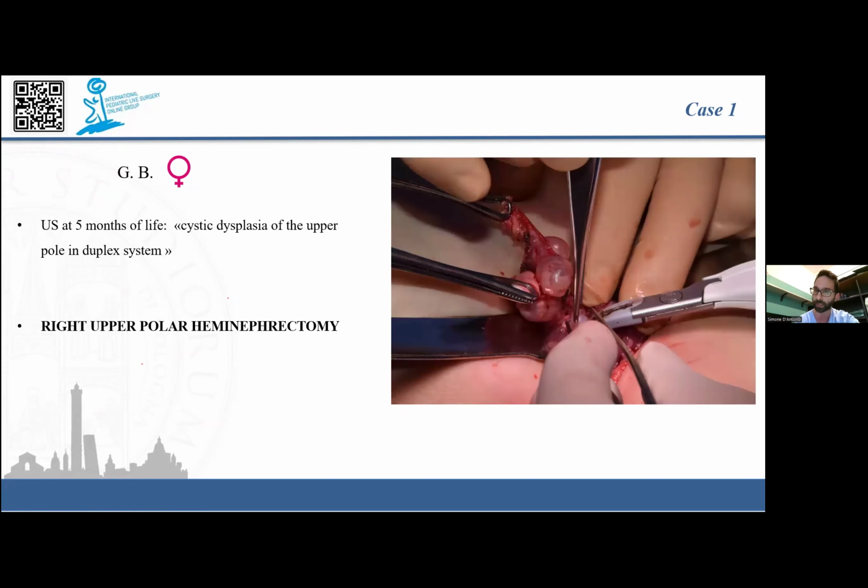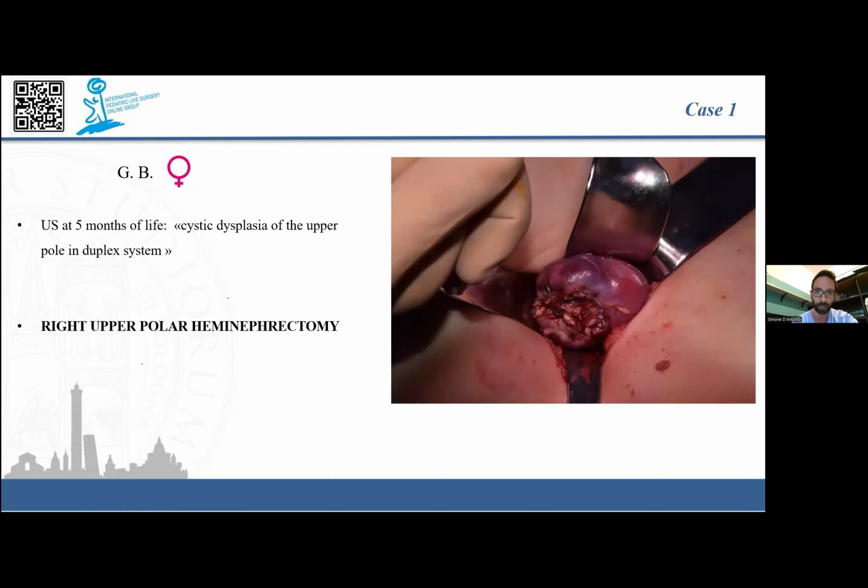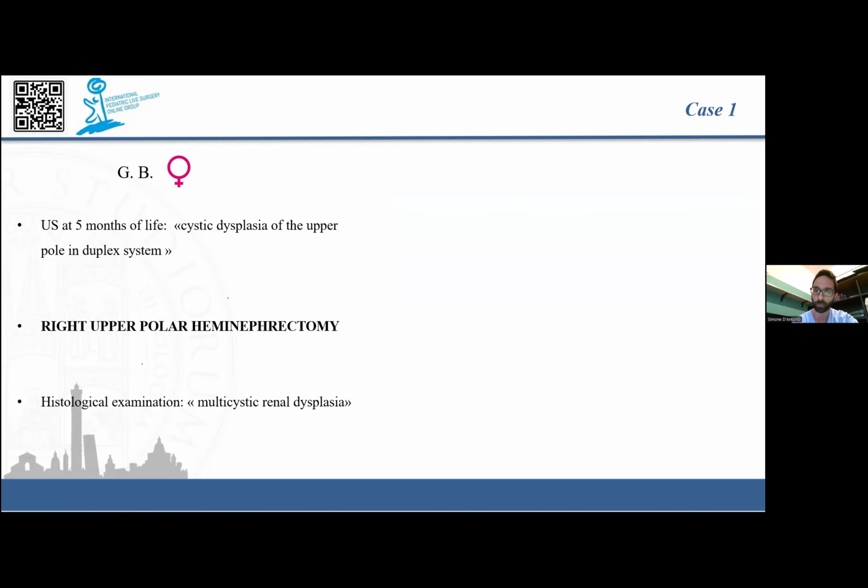These are the pictures from the surgical procedure. As you can see, all the cysts of the upper pole of the kidney. The final histological examination revealed a multicystic renal dysplasia, not quite equal to the previous diagnostic suspicion, but we preserved more than half of the healthy parenchyma of the kidney.